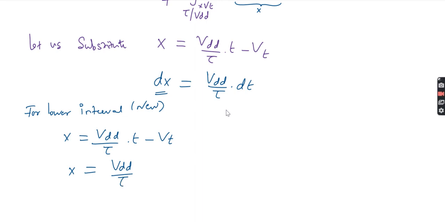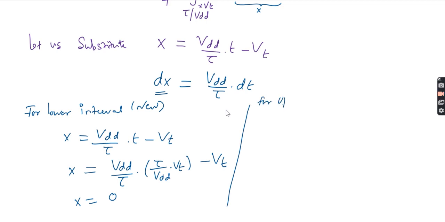VDD by tau into t, from the integral I can take, that is nothing but tau by VDD into Vt minus Vt. Now what is the x? Tau will get cancelled, VDD will get cancelled, Vt minus Vt will be 0. X is equal to 0, I got.